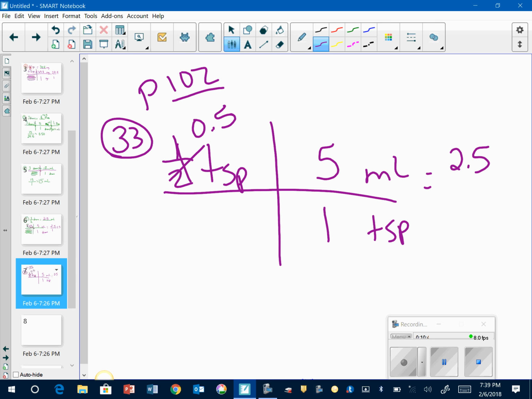And then because it's asking for how many doses, your dose is a half a teaspoonful. So we've converted that half a teaspoon over to milliliters. And they're wanting to know how many of those doses are in 100 milliliters. So then all you do is you do 100 divided by 2.5. And of course you get your answer, which is 40. So it'd be 40 doses.